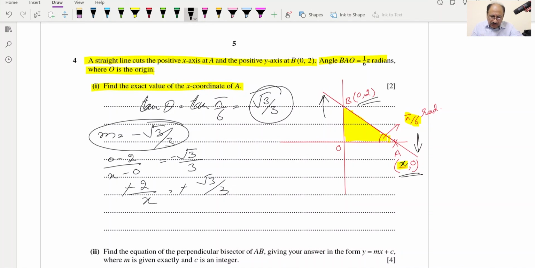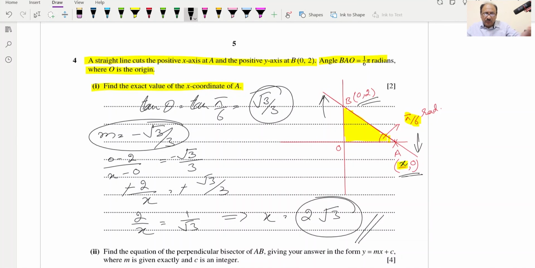Cross multiplying, x equals 6 over root 3, or 2 over x equals 1 over root 3, which implies x equals 2 root 3. So this is the x coordinate we found, 2 root 3.